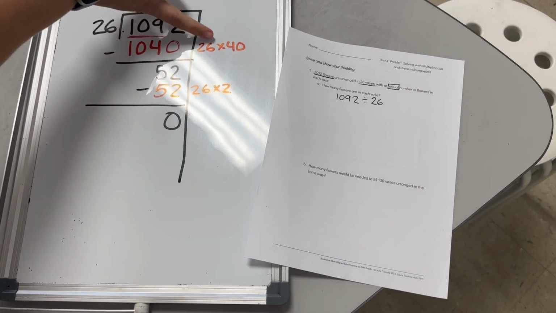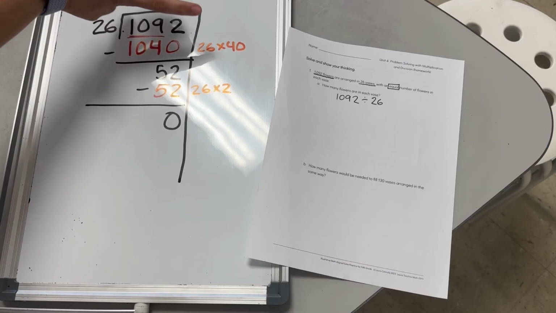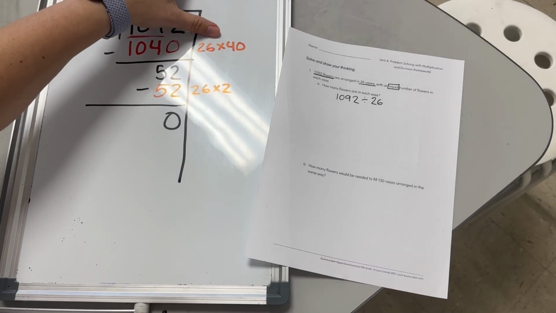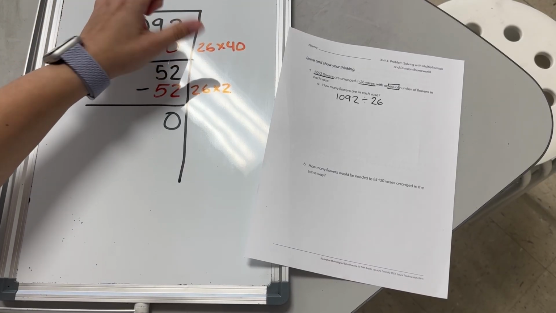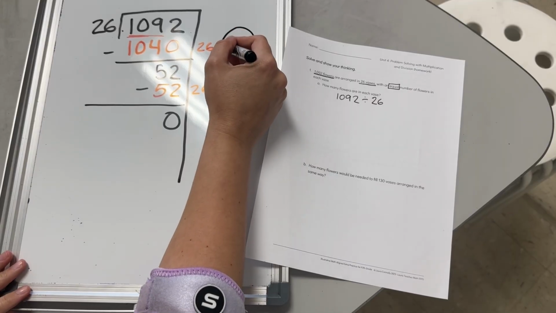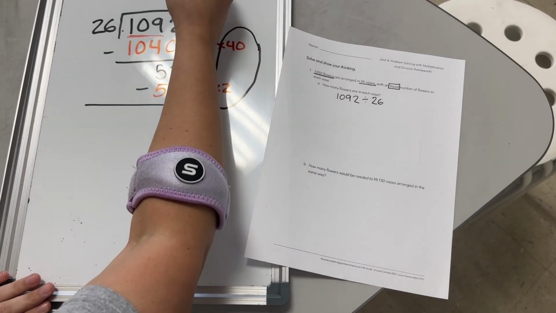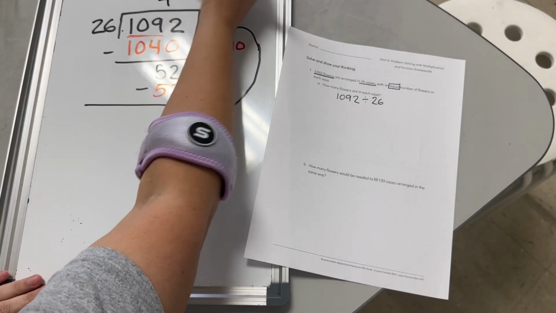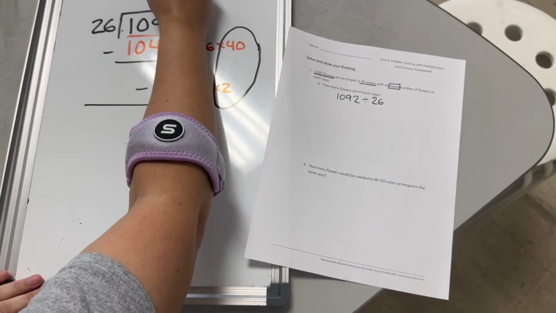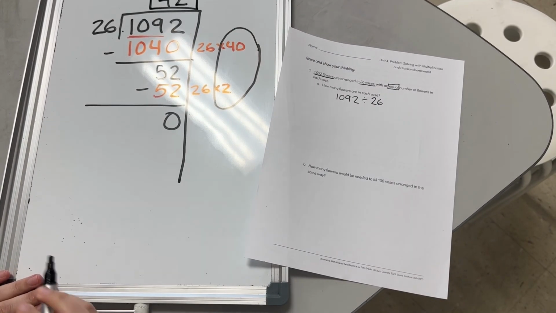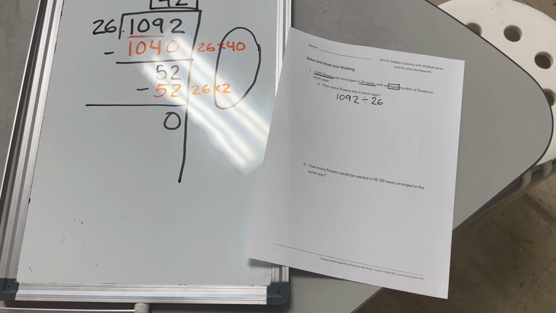Specifically, I'm looking at how many groups of 26 I made. First, I made 40 groups of 26. And then I made 2 groups of 26. I'm going to combine those two numbers together so that I know that 1,092 is going to end up being 42 groups of 26. So my answer is 42.